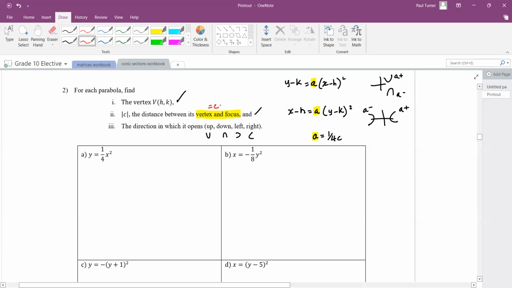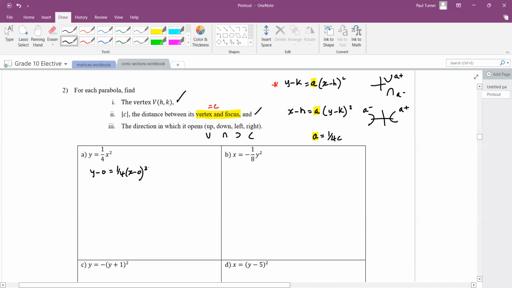So in the first question, a, we will try to rewrite it into one of these two forms. And we note that we've got x squared here. So it's looking like form number 1, and we have y on the left side. So let's just rewrite that as y minus 0 equals a quarter (x minus 0) squared.